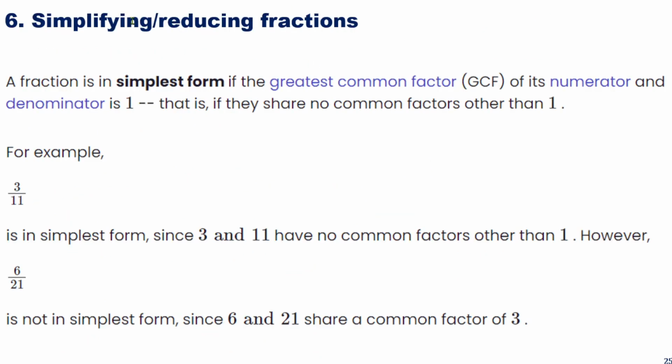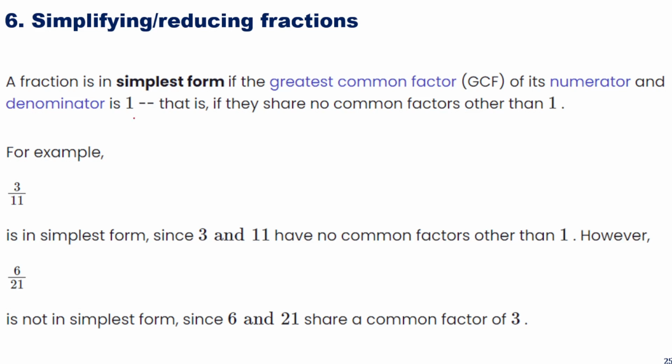Okay, then if you know the GCD and LCM, we can talk about the next concept, which is to simplify or reduce fractions. A fraction is in its simplest form if the greatest common factor of its numerator and denominator is 1.